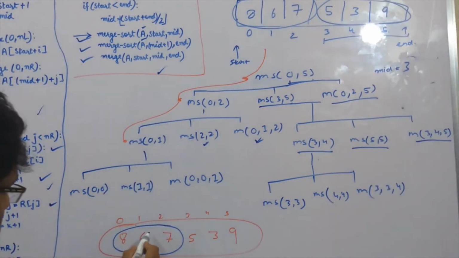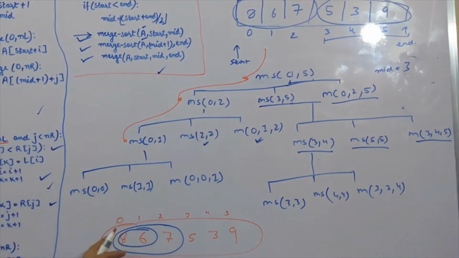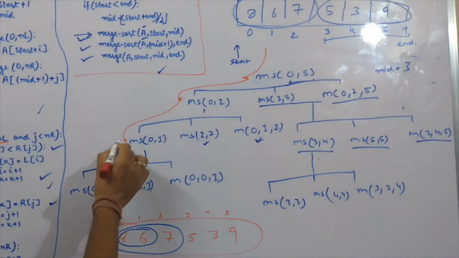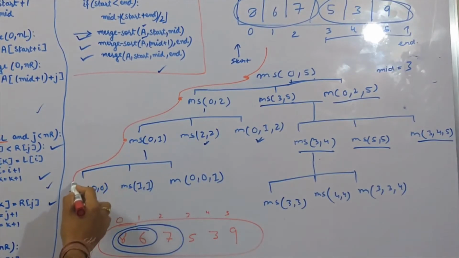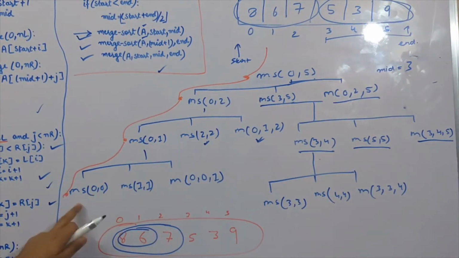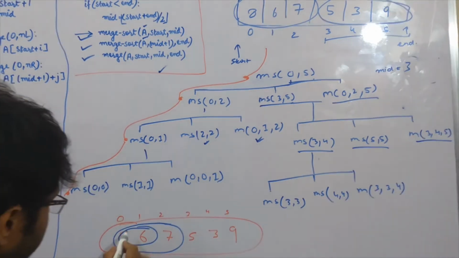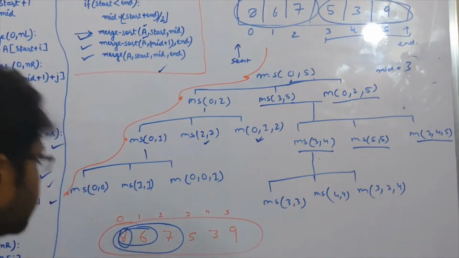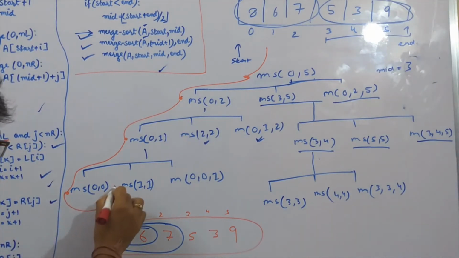And for sorting 0 to 1, what do we have to do? We are coming from top to down without going anywhere. For sorting 0 to 1, we have to sort 0 to 0. And now this part is completed.